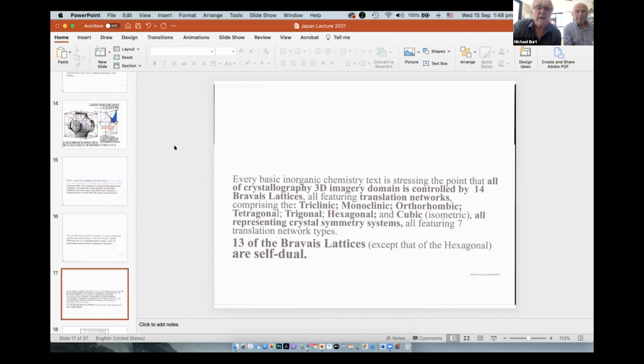Bravais, whom we met before, in 1844 published his main work, his translation networks. 14 Bravais lattices, including the triclinic, monoclinic, orthorhombic, trigonal, hexagonal, and cubic isometric, all representing crystal symmetry systems, all featuring 7 translation network types.